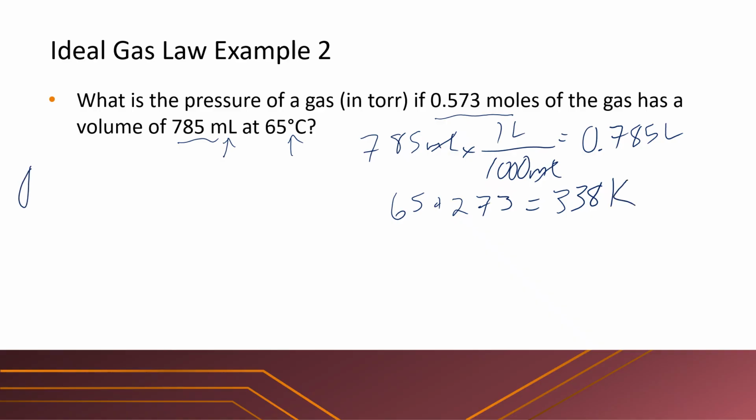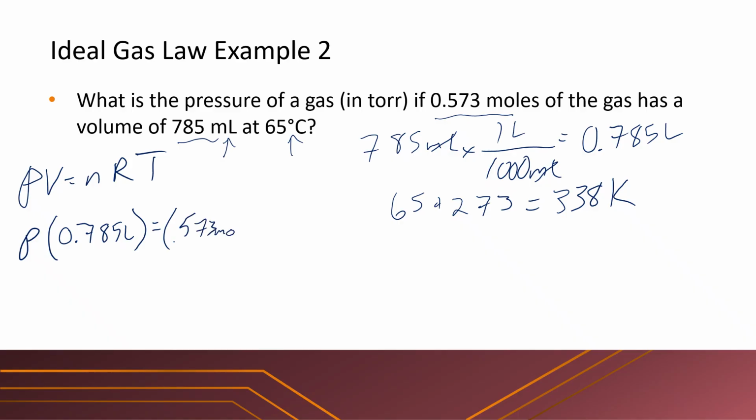Now I can use the ideal gas law, PV equals nRT. Pressure is what we're looking for. Volume in liters is 0.785. I have 0.573 moles. Gas constant is always the same, 0.0821, and temperature in Kelvin is 338. I'm going to multiply this side.